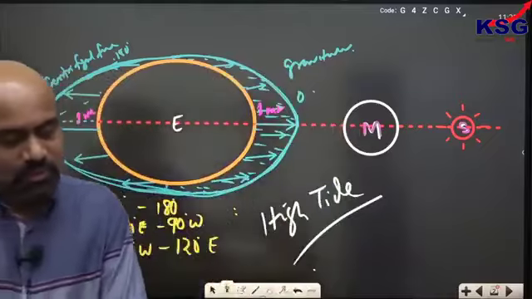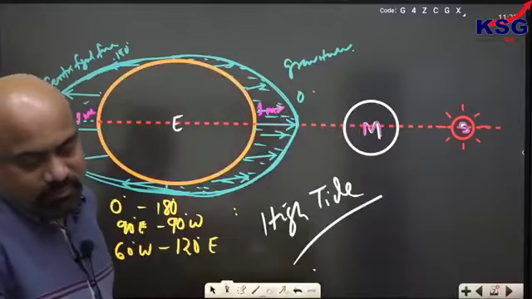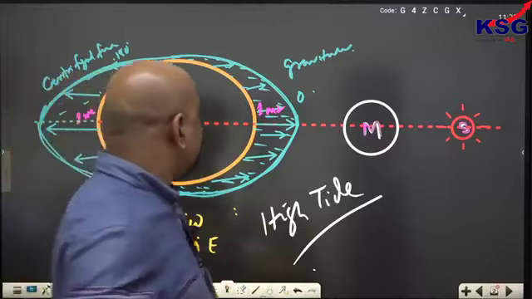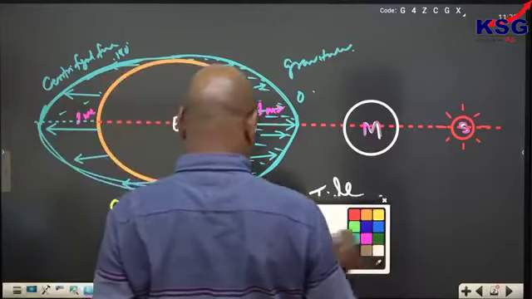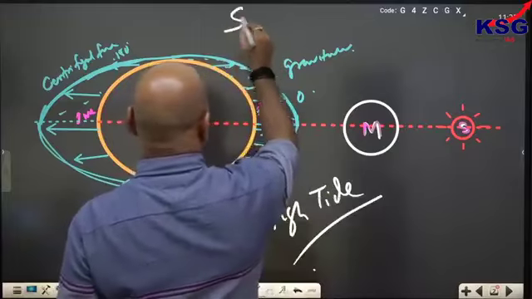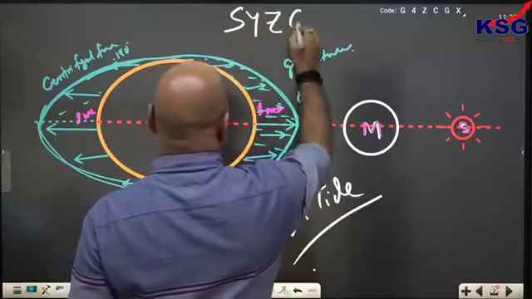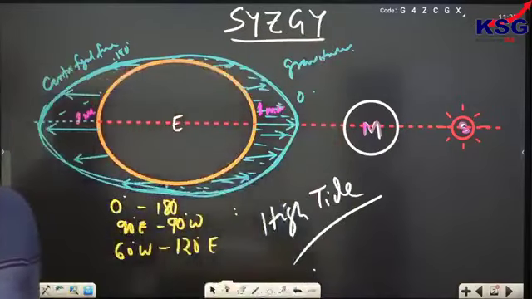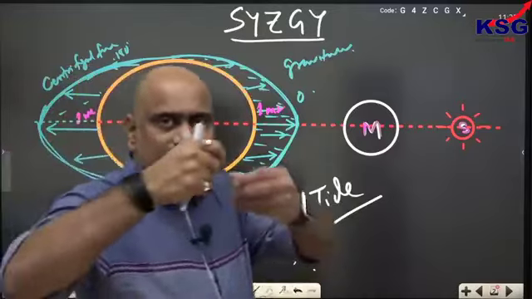Yes, spring tide means whenever sun, moon and earth are in one line.